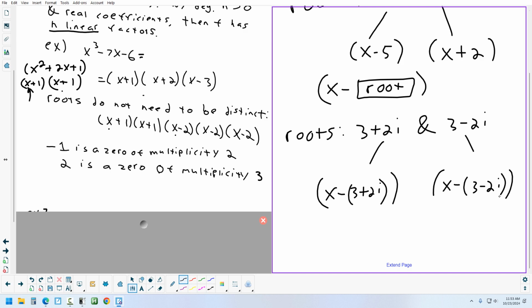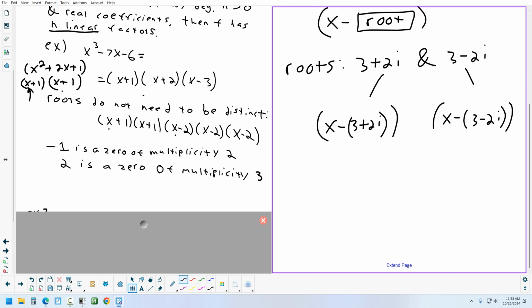X minus your root. And now we need to simplify. What's in front of each set of parentheses that could be distributed? A negative. So let's do that. X minus 3 minus 2i. And what about when you distribute the negative in this other one? X minus 3 plus 2i.